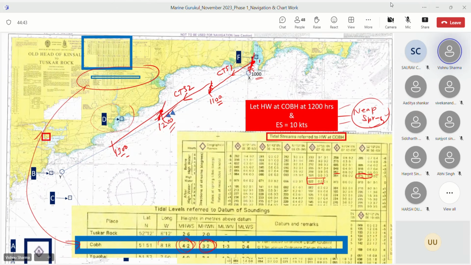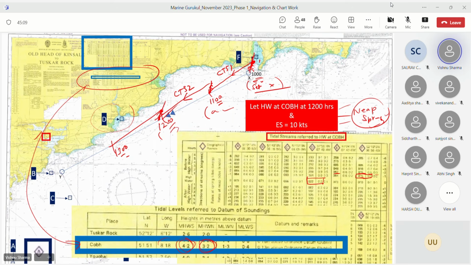And what you can do here is, you can write tidal stream, set so much, rate so much, tidal stream so much, tidal stream so much, and keep counteracting that, and that becomes your CTS, multiple CTSs. At 10 o'clock, you'll set yourself on CTS 1. Then at 1100, you expect that you're back on the CMG line.